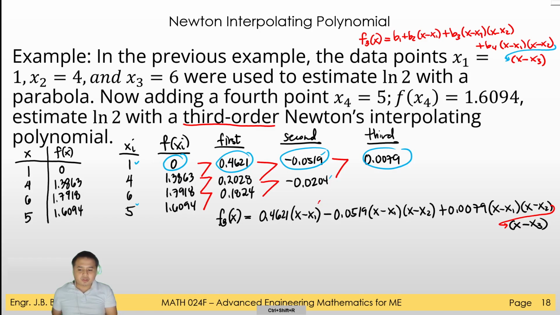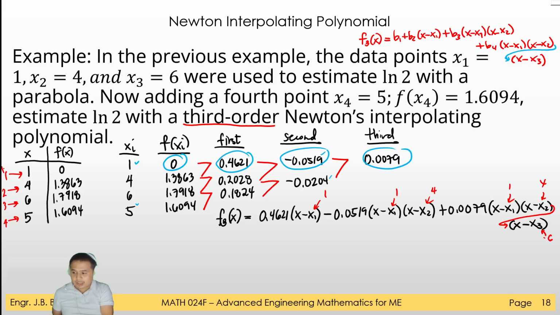So you can substitute the values of x1 and x2 here. So x1 here is what? We have 1, x2 is 4, and x3 is 6. How do we know that? Basically this is 1, this is 2, this is 3, and so on.